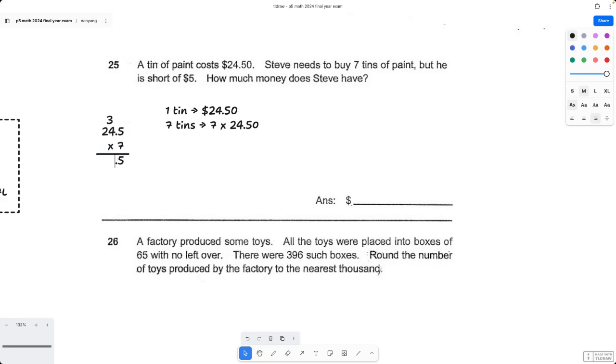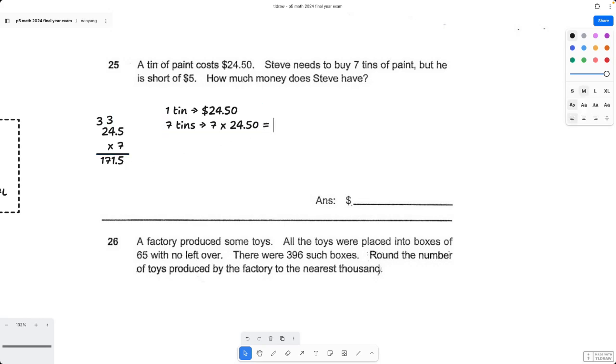So 1 and then put a 3 on top again. And then 2 times 7 is 14, plus 3 is 17, $1.50.